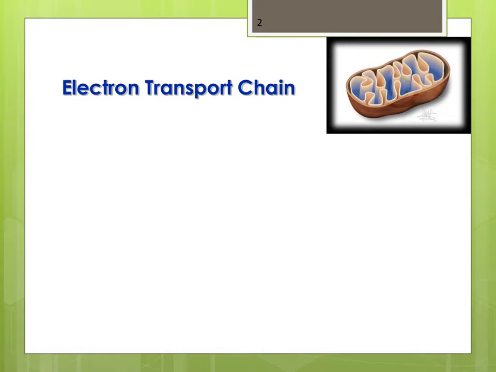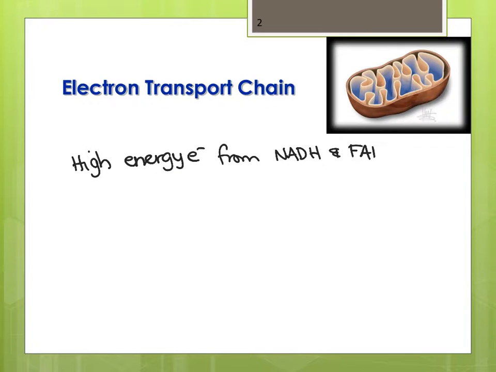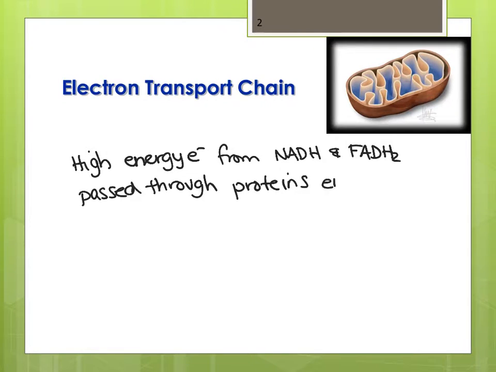What you need to remember, a summary of it, is where those high energy electrons from our two carriers, NADH and FADH2, are passed along proteins. And those proteins are embedded in the inner mitochondrial membrane.